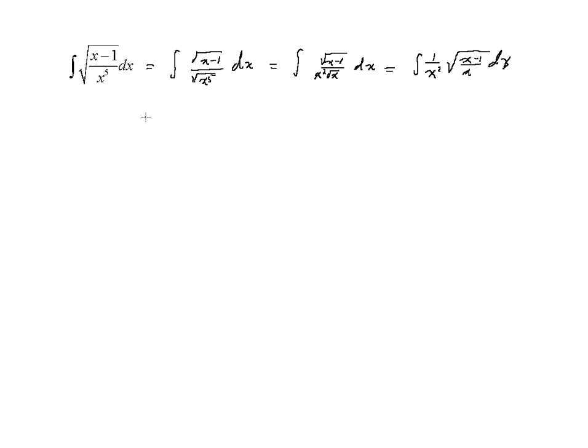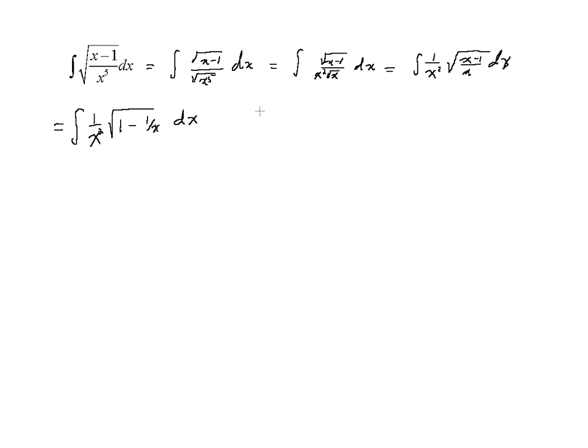Then I can rewrite what's under the radical there as 1 over x squared, and then what's under the radical, well, that's x over x minus 1 over x. So x over x is 1, minus 1 over x, dx. And this is actually the form that I want in order to integrate.